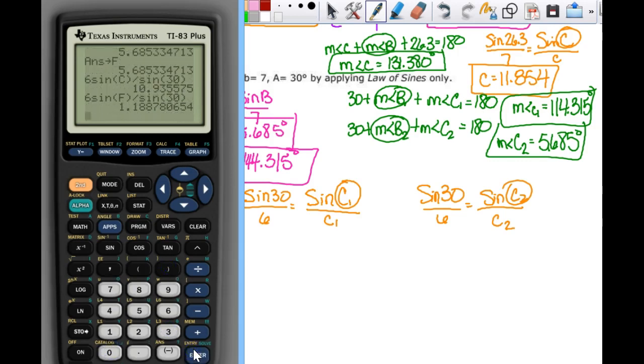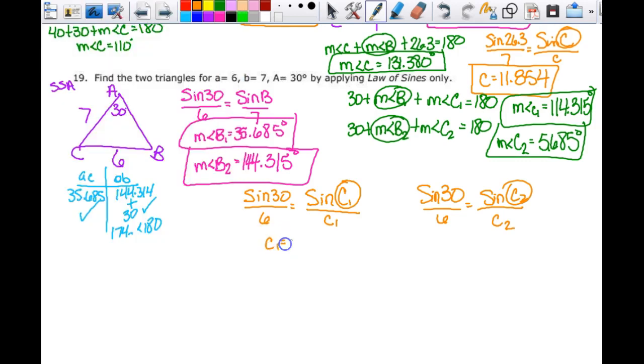And that gives me 1.189. So those are my two answers. So c1 is 10.936 and c2 is 1.189.